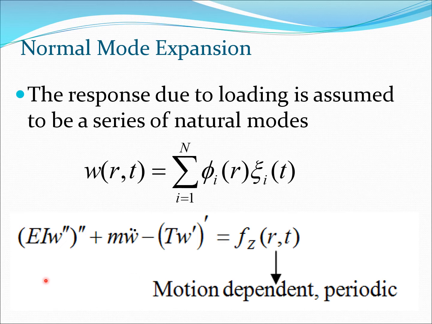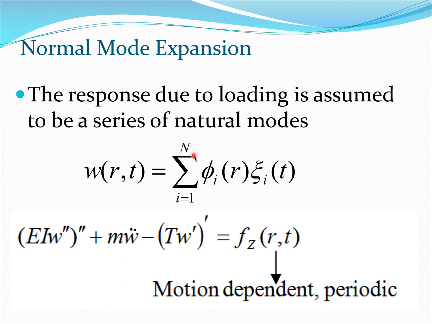Now, we actually use a normal mode expansion here. So what we do is that we assume the response due to loading is expressible in terms of an expansion where we take the spatial part as the normal modes or the natural modes, and we create a temporal part which is given by this psi_i(t), and we take an n term expansion.